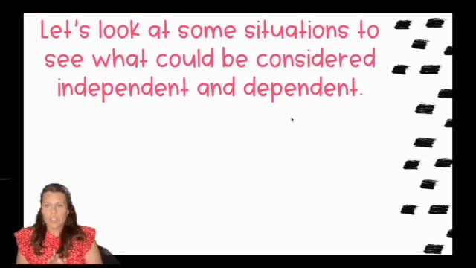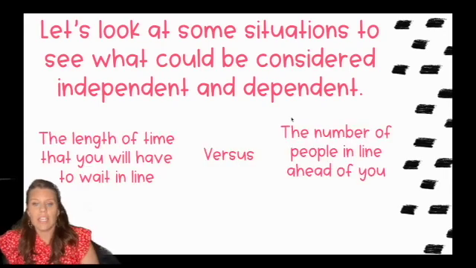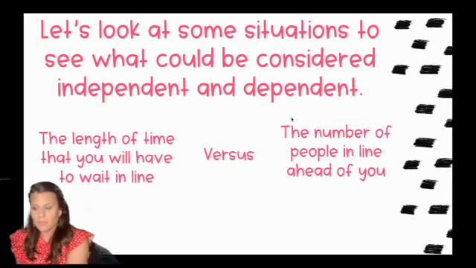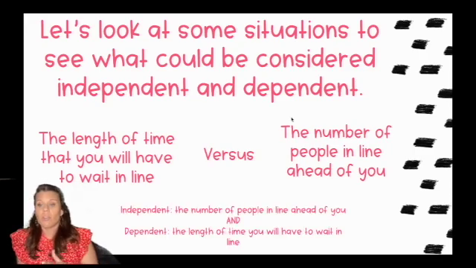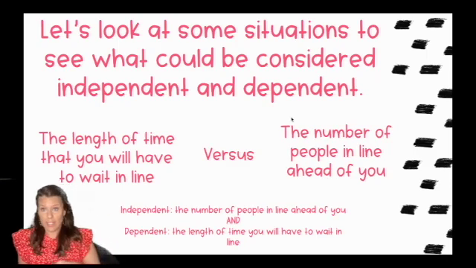So let's look at some situations to see what would be considered independent and what would be considered dependent. If I said the length of time that you will have to wait in line versus the number of people in line ahead of you, which one would be independent, which one would be dependent? So here, the number of people in line ahead of you is the independent, because if there was no people ahead of you, there would be no wait time.